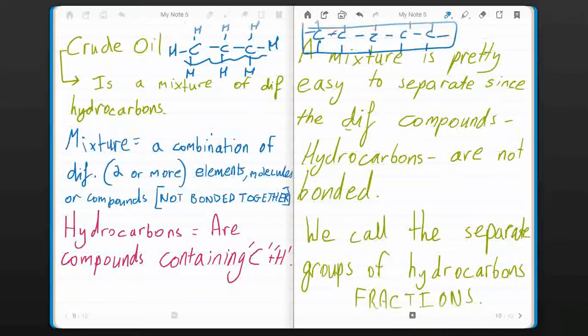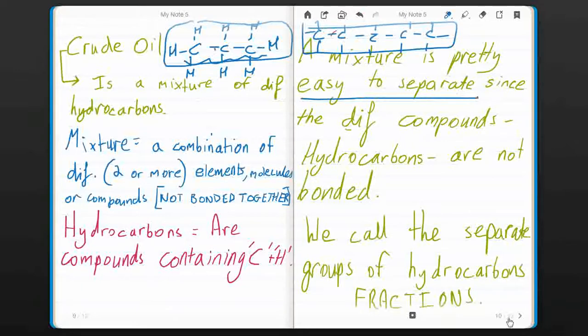Because this one will take less energy to turn into a gas, you can use the heat to make this one into a gas, and this one will remain a liquid still. So this one will rise all the way to the top of a container, while this one will stay at the bottom as a liquid. Okay, so that's why it's easy to separate.